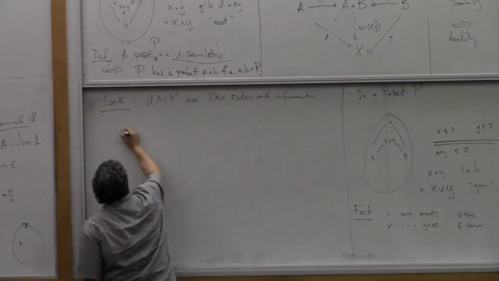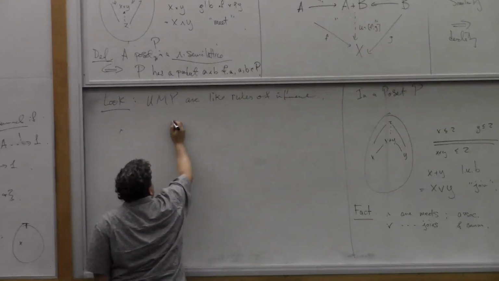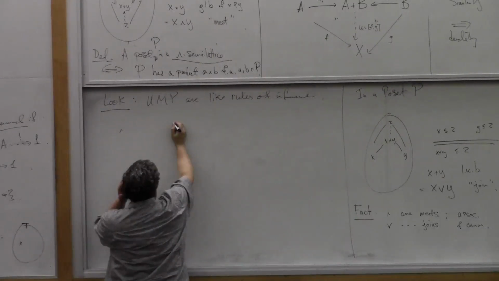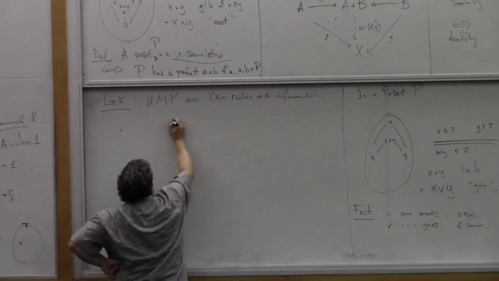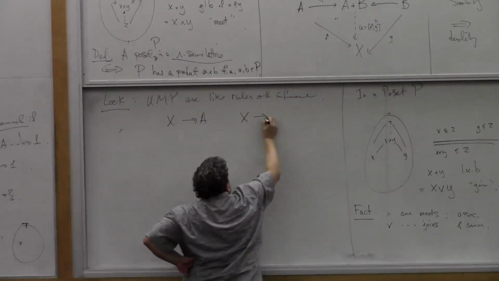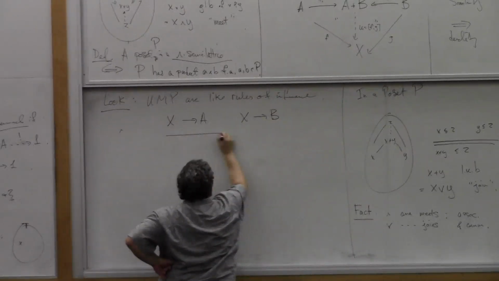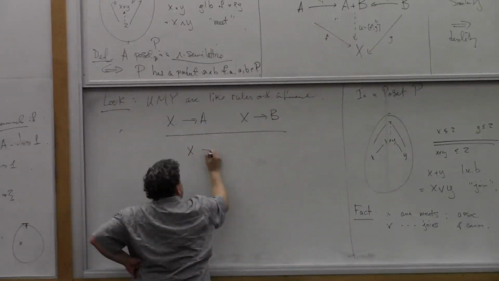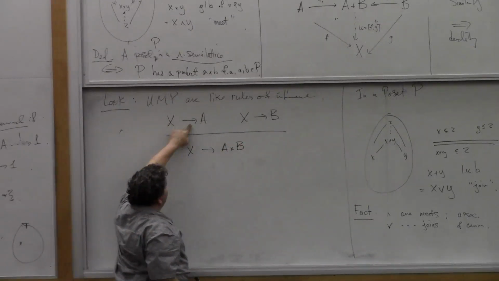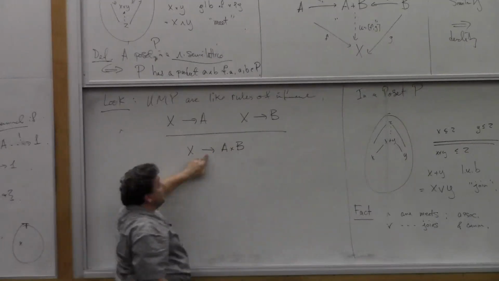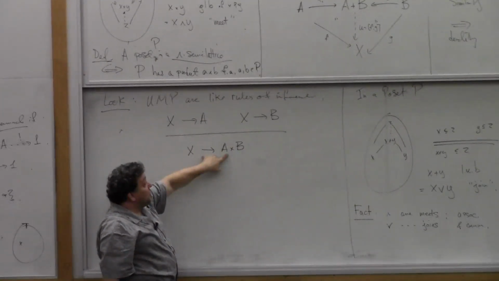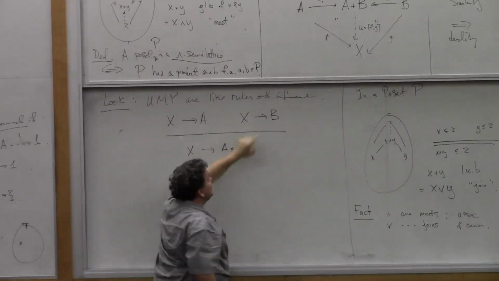For the product, it looked like this. It said, given any X into A and X into B, you get a map from X into A cross B. So if this is the F and this is the G, then this is the paired up F pair G. And given anything here, you compose with the two projections and you get these two things.